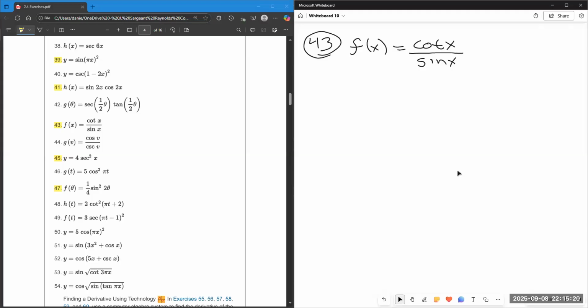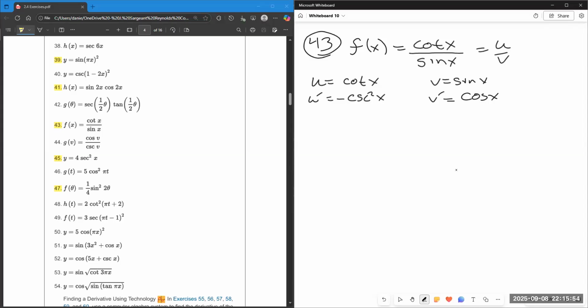It really doesn't matter. I want to try and leave it as much as I can here, like this. So let's call this u over v, where u is equal to cotangent x, v is sine x, u prime is a negative cosecant squared x, v prime is cosine of x.